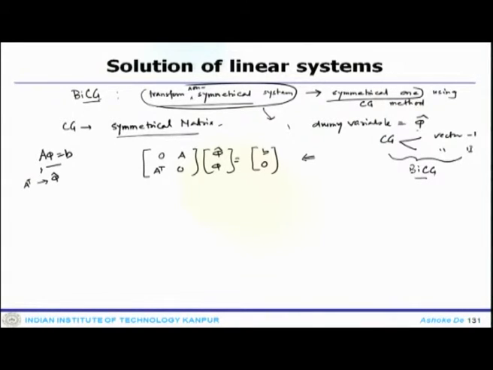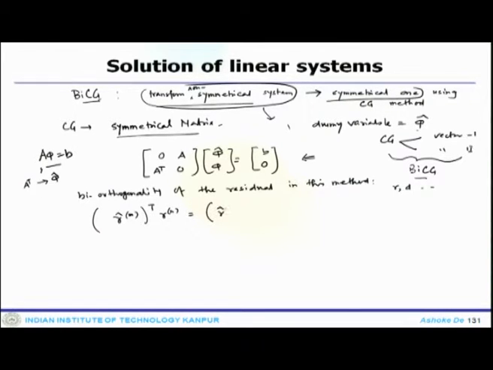Now, when you looked at the conjugate gradient, you had all the series of residual vectors and the direction vectors, like r, d and so on. Now, the bi-orthogonality of the residuals in this method can be achieved by this kind of equation: r hat m transpose r n equals r hat n transpose r m equals 0, where m is less than n.